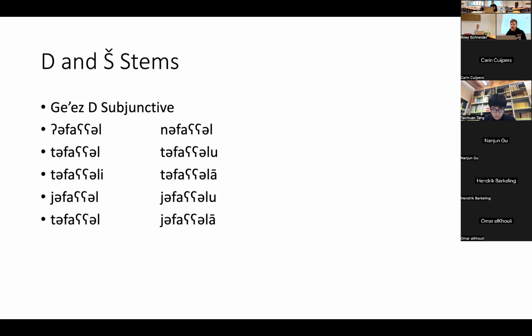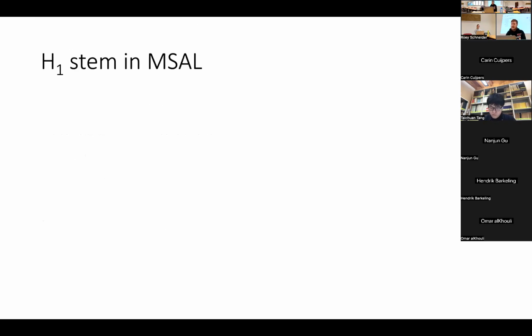Now, in case you don't remember, in modern South Arabian, the whole thing of morphological gemination went through a lot of problems, and at least in many of the forms, it was simplified. So there is no real D stem or L stem either.